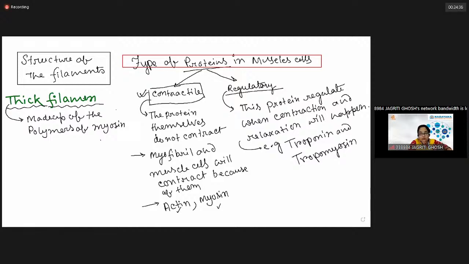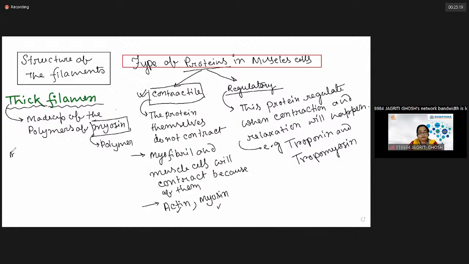So it is a polymer of a certain type of protein which is known as meromyosin. Okay. So it is made up of the polymer of myosin. This myosin itself is a polymer. So what is the monomer of myosin?